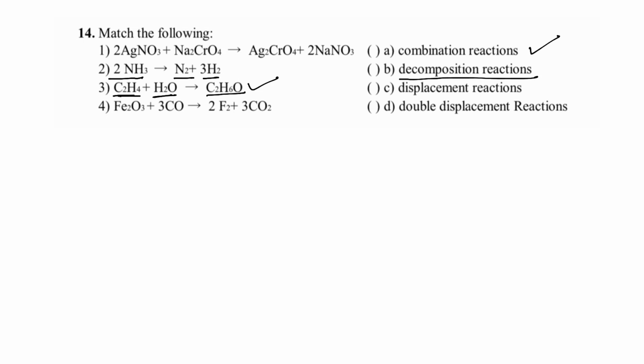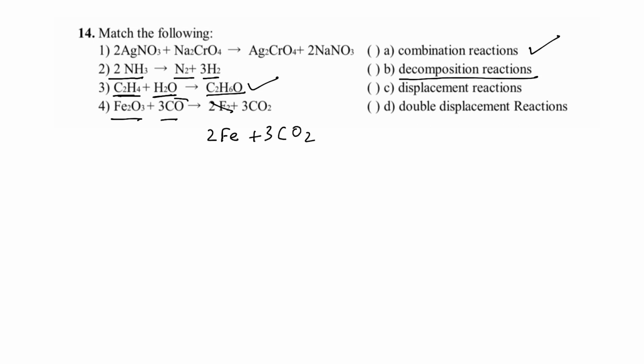So it is A. And the last one, Fe2O3 plus 3CO gives 2Fe plus 3CO2. Definitely it will be what? It will be a displacement reaction, right? Here it is 2Fe, okay, 2Fe, not F2. 2Fe plus 3CO2.